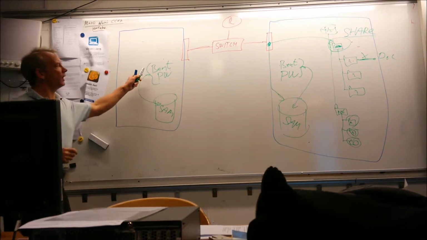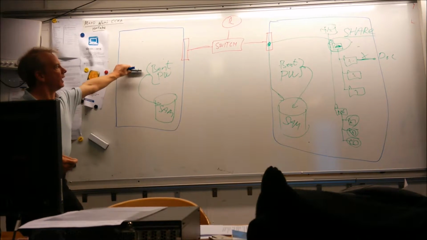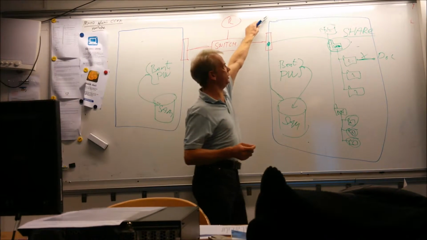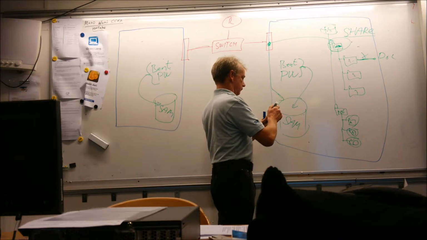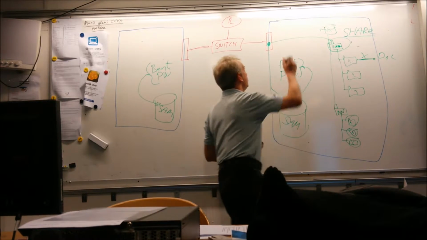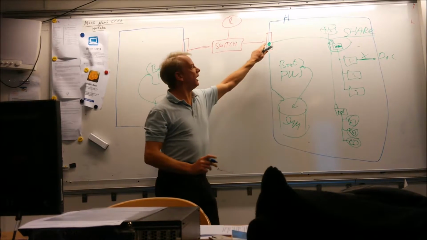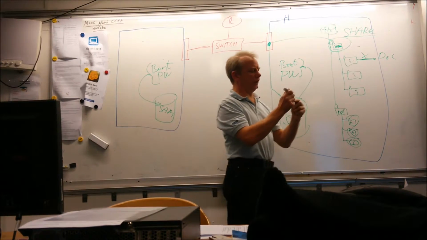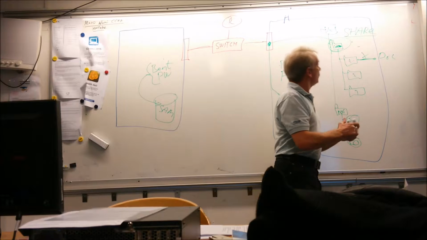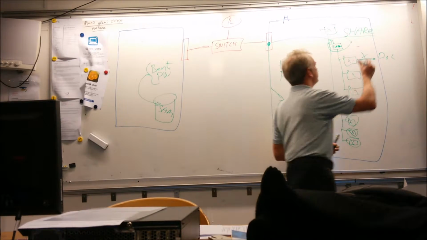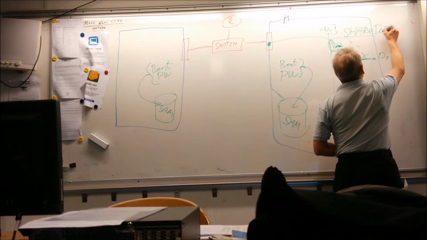That means whenever I come from here, I connect to this machine. This is computer A. I connect to the share name over here. What should we call the share? Let's call it share data.